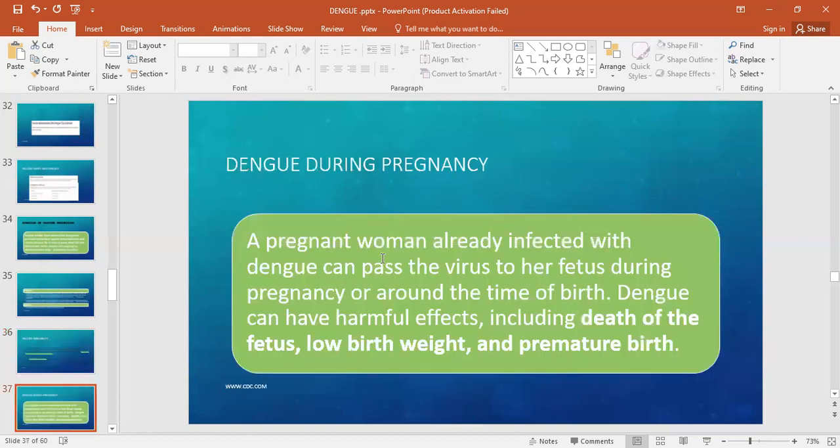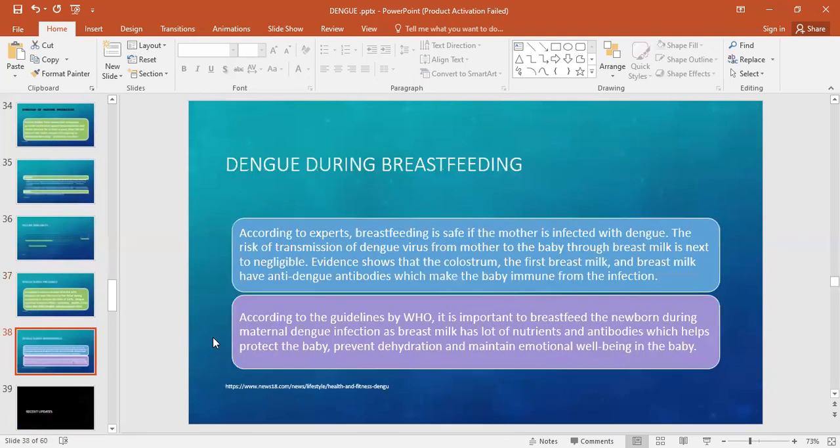A pregnant woman already infected with dengue can pass the virus to her fetus during pregnancy or around the time of birth. Dengue can have harmful effects, including death of the fetus, low birth weight, and premature birth. Dengue during breastfeeding. According to experts, breastfeeding is safe if the mother is infected with dengue. The risk of transmission of dengue virus from mother to baby through breast milk is next to negligible.